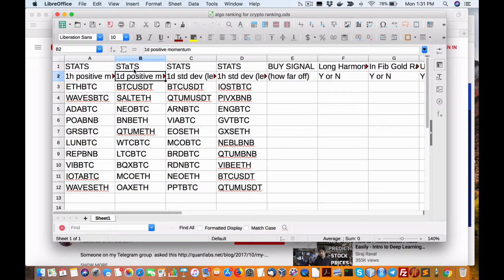Yearly is no good because cryptocurrencies are really new, and a lot of them haven't been out for more than 2 years. Monthly is just as bad. So daily and hourly are the only ones I use. I would also use weekly, but it really comes down to daily and hourly.